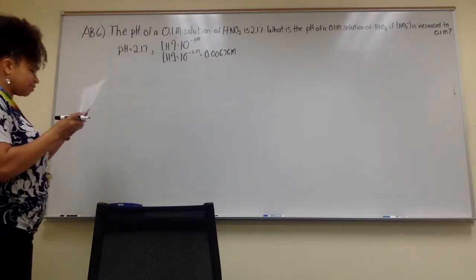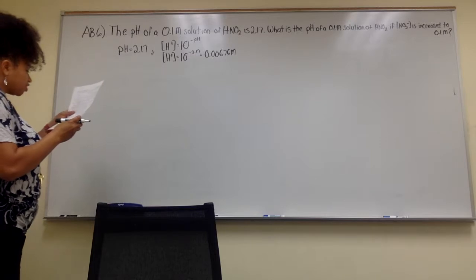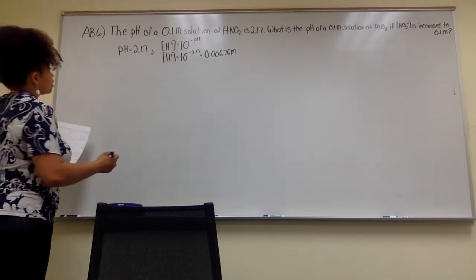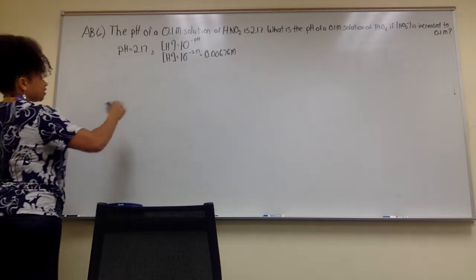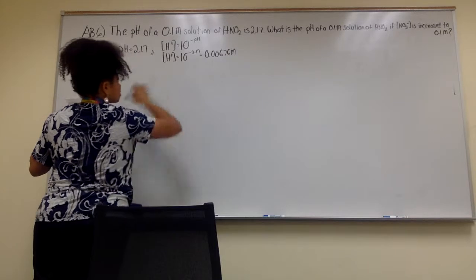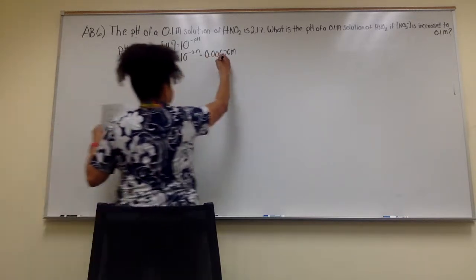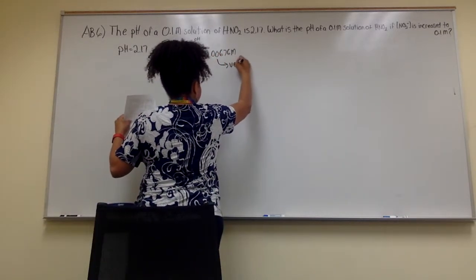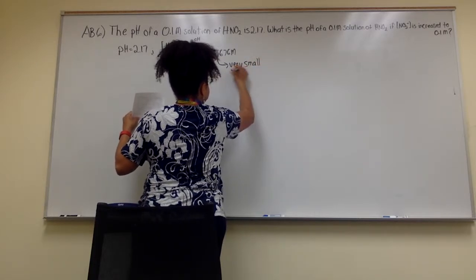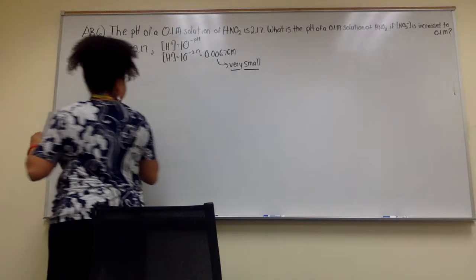So we're going to make some assumptions, but also we're going to look at this equation. So first, this is our initial concentration of H+, right? And this, like we said, is very small and nearly negligible or insignificant.